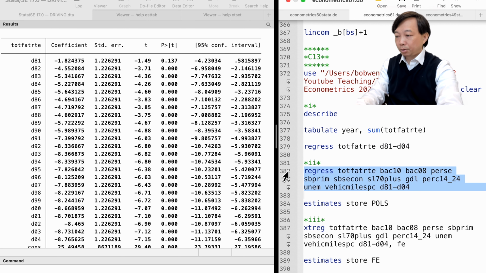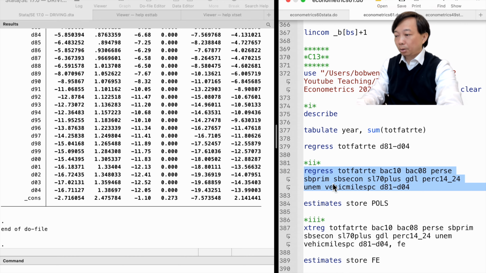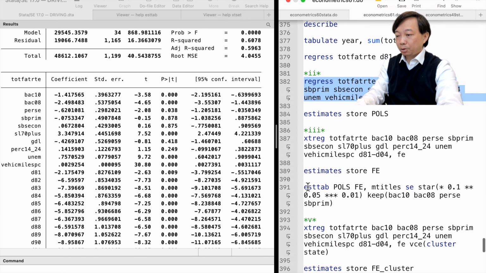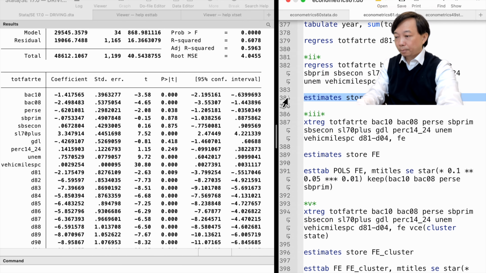We estimate the model by the pooled OLS. The estimated equation is as follows.